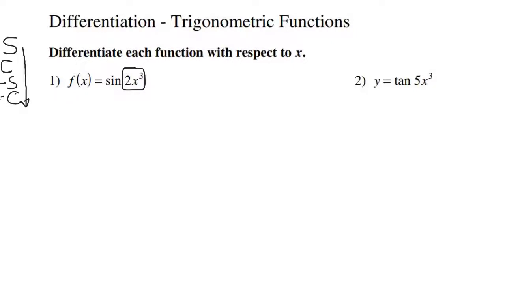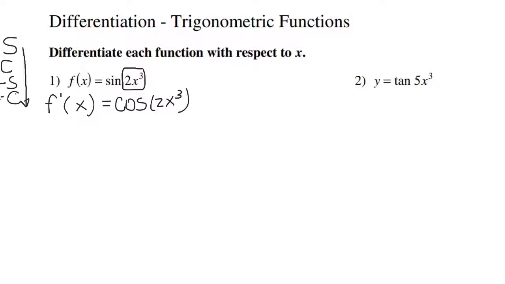Okay, so let's see if we can figure out f prime of x for this one. We start out with what is the derivative of sine? Derivative of sine is cosine. So we're going to say cosine of the angle. Derivative of sine of the angle is cosine of that angle, so still 2x cubed.